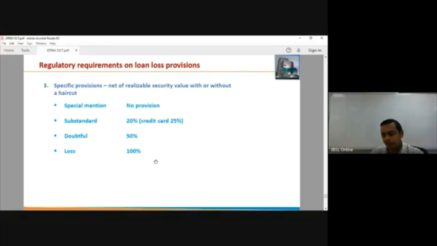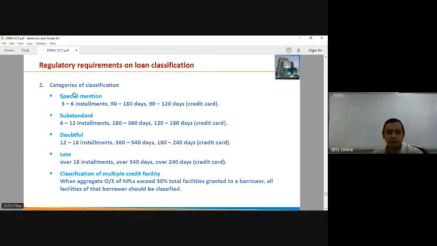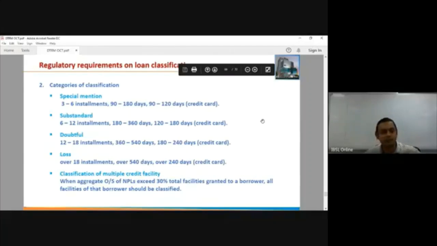Now, I can give you an example to differentiate both things. Right? Now, under this classification method, say for example, one customer has taken a loan. He has been paying the loan for several months.